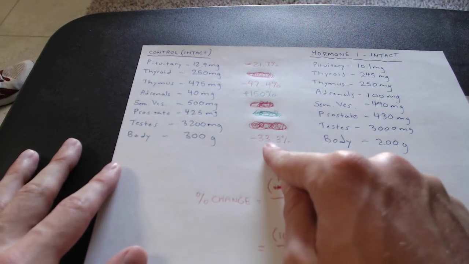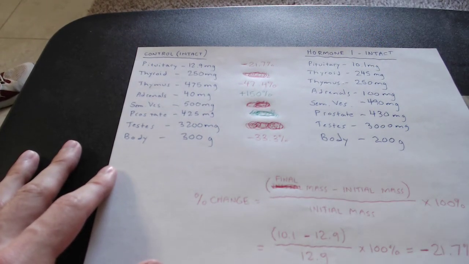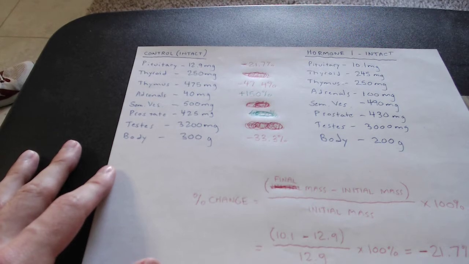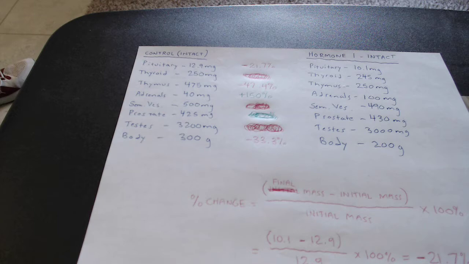And then the last thing to look at here is the body weight. If you are having a wholesale reduction in body mass, that tells you that your hormone is doing something to break fats and muscles down. So you might want to again go back and read about some of the effects of these hormones.